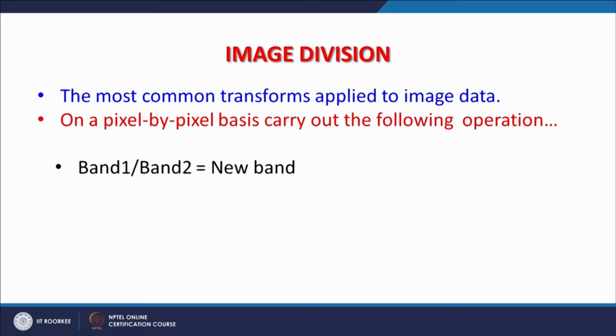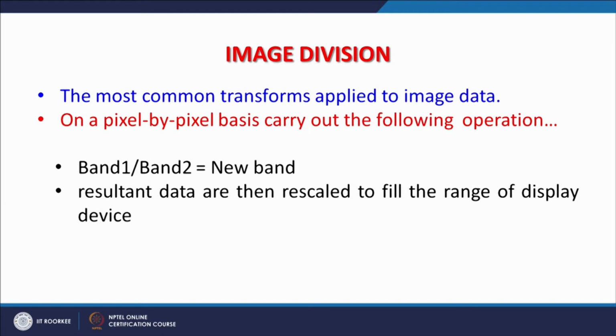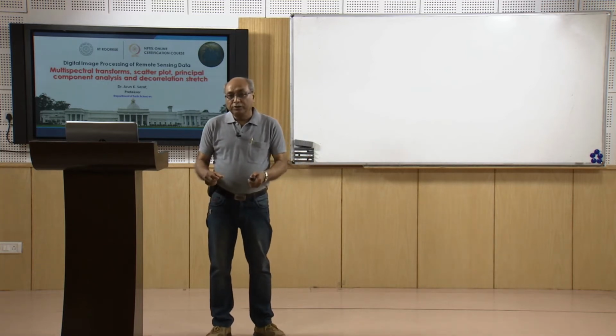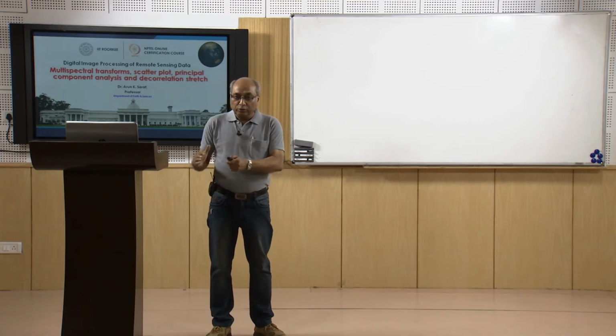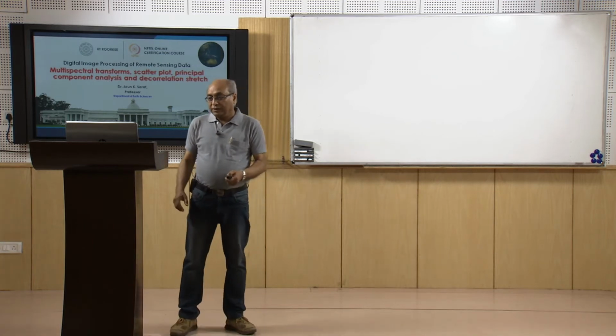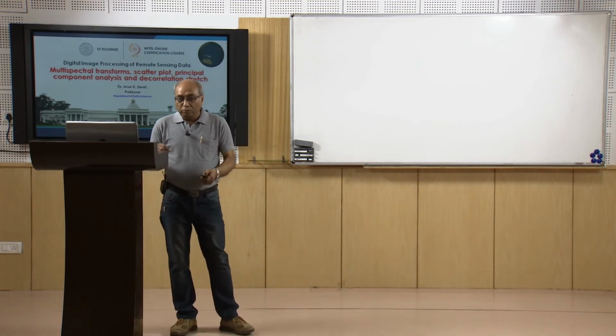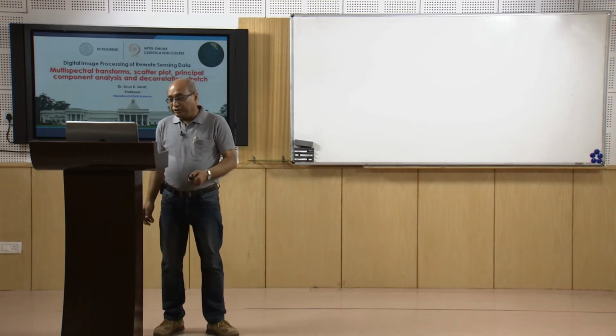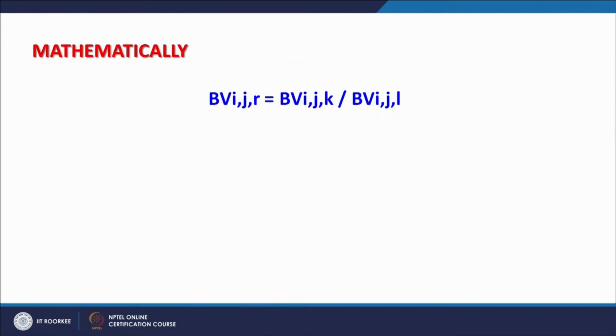So a new band is generated and the resultant data is then rescaled to fill the range of display, because if you divide, the range of pixel values might reduce, and therefore you want to rescale to the display range, that is between 0 to 255 in most of the cases. So this is very much required. In most of these multivariate analyses, this rescaling is the last step which has to be done every time. And this image division is commonly also called a band ratio, a very popular technique which we will see.